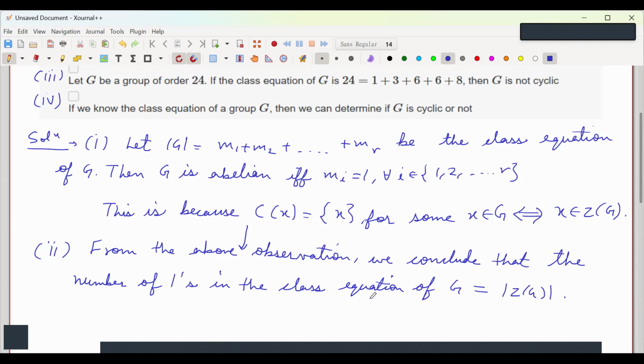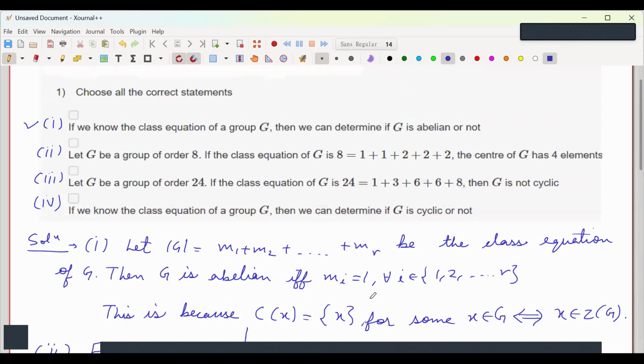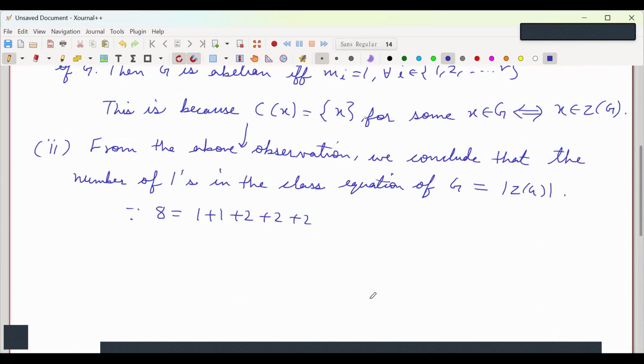So since 8 is equal to 1 plus 1 plus 2 plus 2 plus 2 has only two ones, therefore the order of the center is 2, not equal to 4.